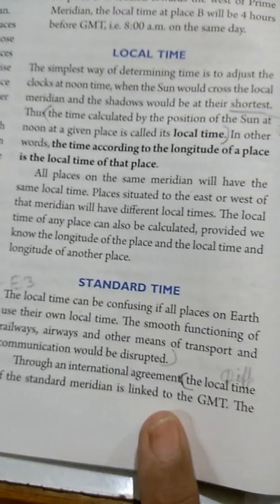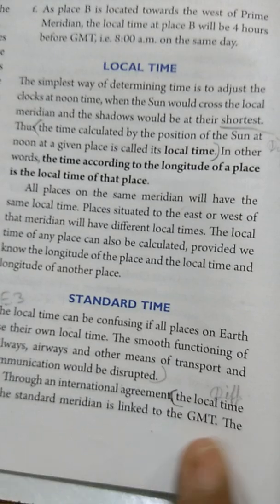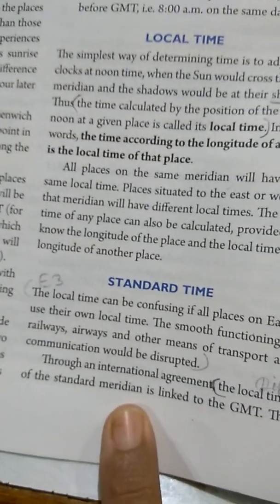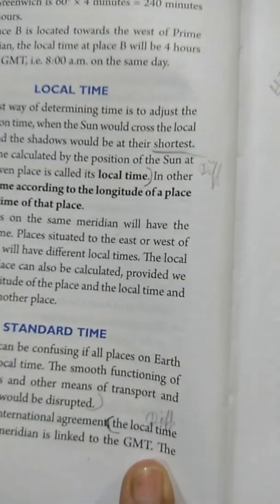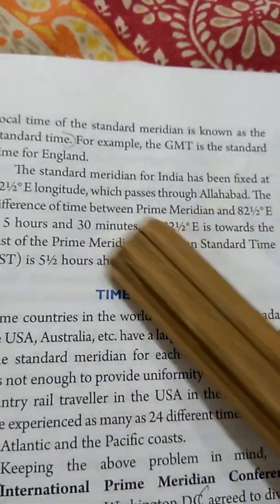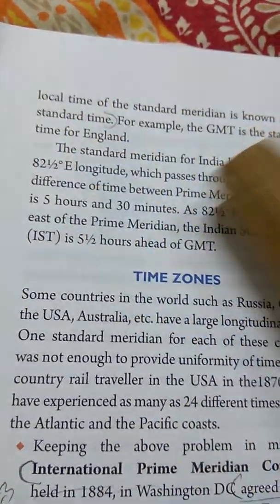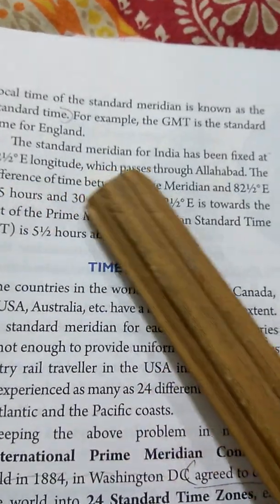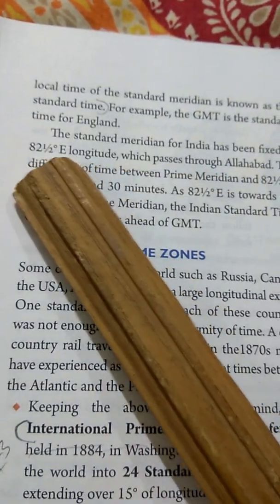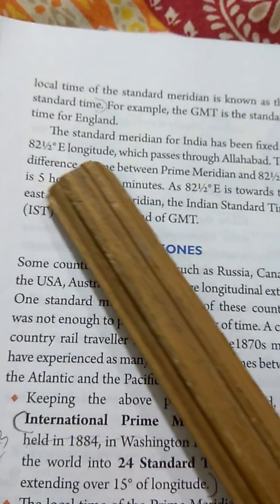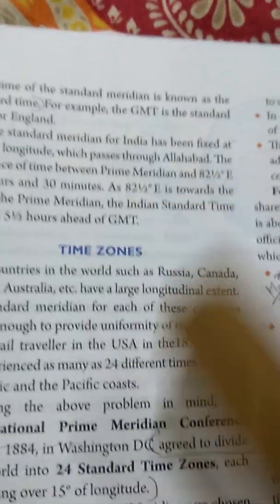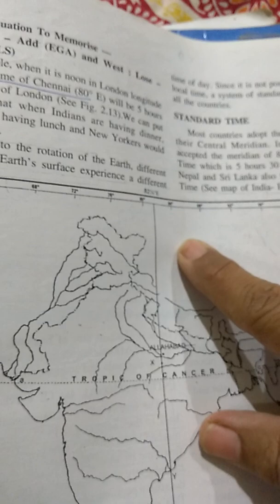How is it? Through the international agreement, the local time of the standard meridian is linked to GMT. The local time of the standard meridian is known as standard time. The standard meridian for India has been fixed at 82.5 degrees east longitude, which passes through Allahabad. I already showed you. Here it is.